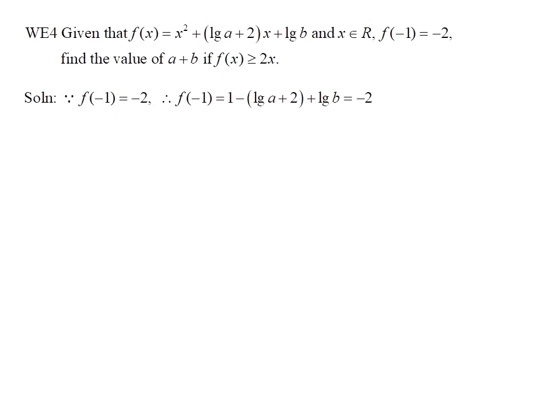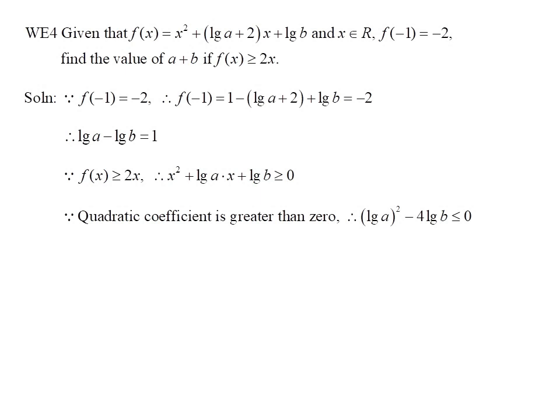After simplifying this equation, we have the relation of common logarithm of a minus common logarithm of b equals 1. Since f(x) is greater than or equal to 2x, it can be simplified to the quadratic inequality of x squared plus common logarithm of a times x plus common logarithm of b, which is greater than or equal to 0.